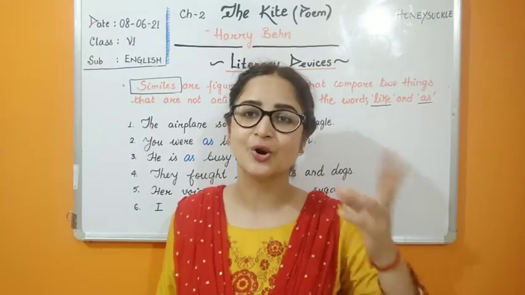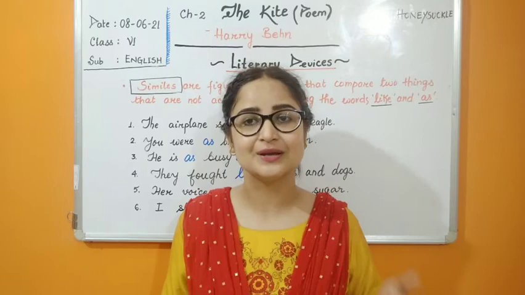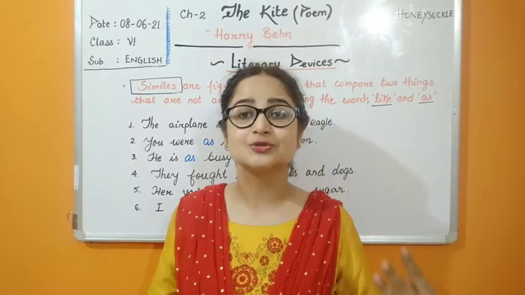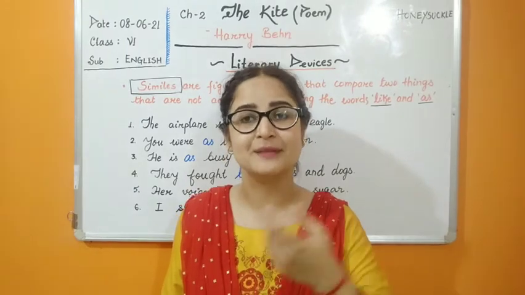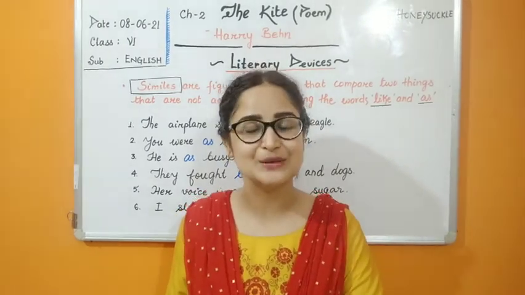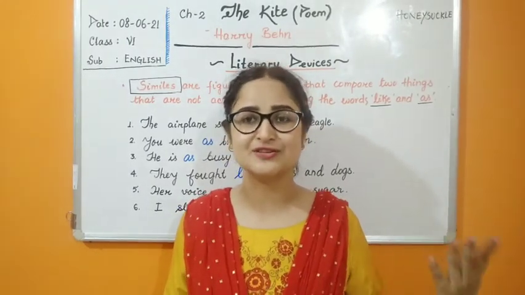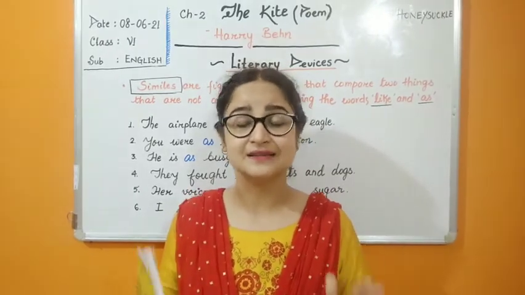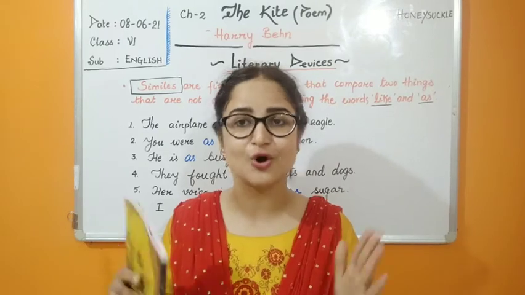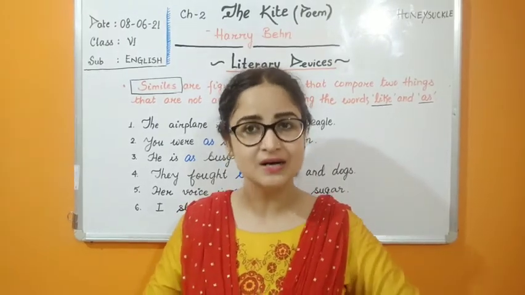A human cannot be compared with a human, a stone cannot be compared with a stone. It has to be two different objects, like a man to a building, a man to an animal, or an animal to a vegetable. It can mean anything, but the things have to be two different objects; they cannot be the same.